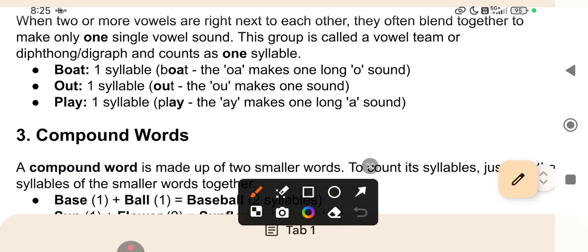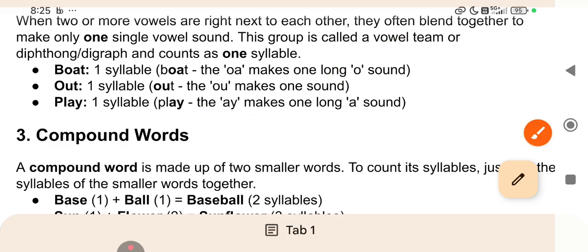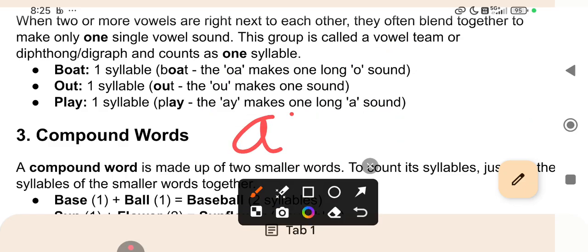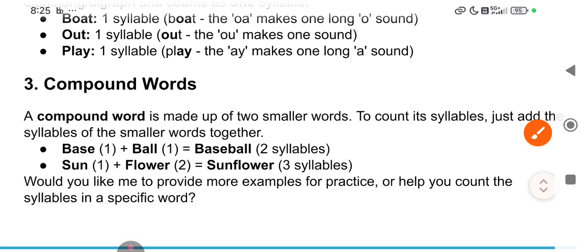Example, boat, right? It will be counted as one. Then out. It will be counted as one. That's a one syllabic word, so don't count two.